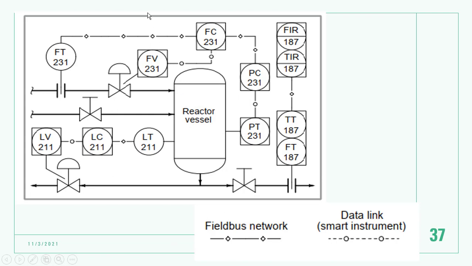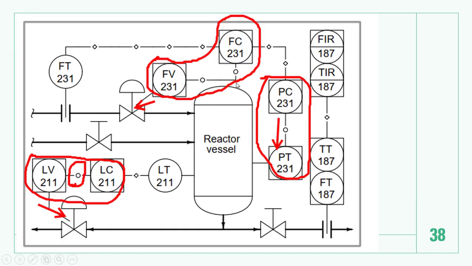This one is the P&ID drawing. In this P&ID drawing, this here is the Fieldbus network. Here is the data link. This data link means this one and this one all together. Here is the FC, flow controller, and the flow valve.